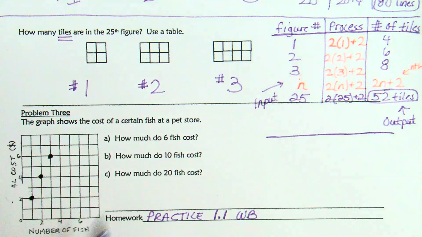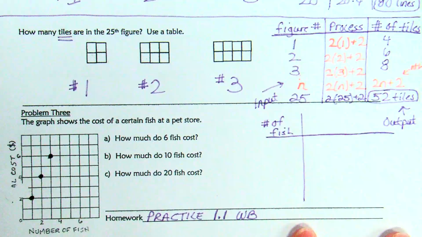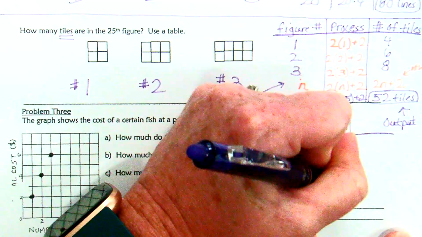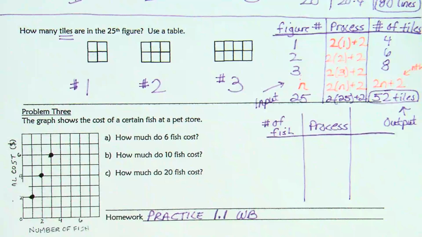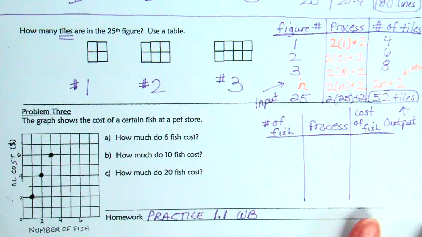So my input, or my first column, is number of fish. What's in the middle? Process column, always. And what's on the right? Okay, yeah. The amount of money the fish costs. So, cost of fish, total cost. Something about cost there, right?